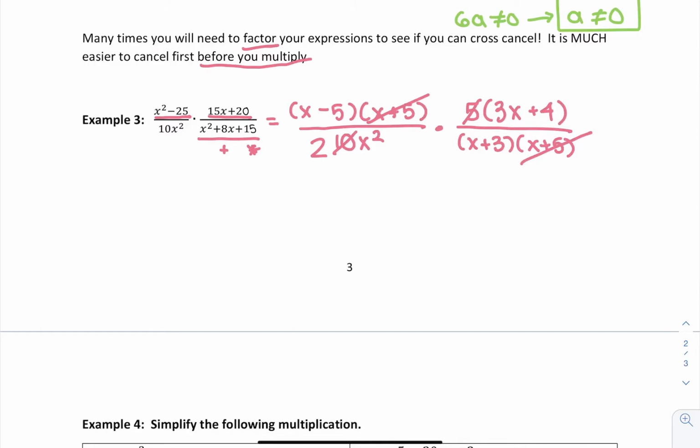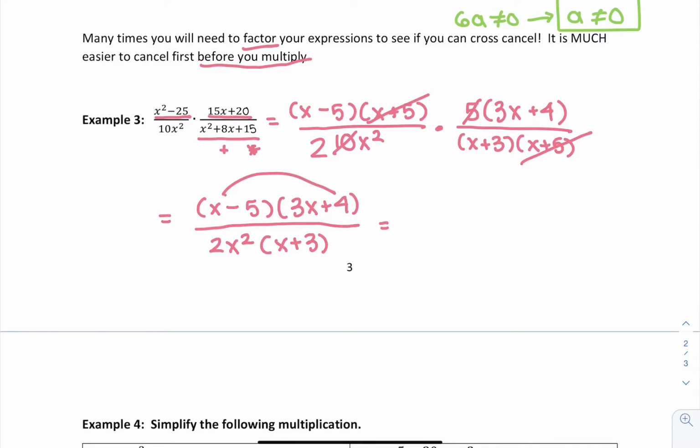Now let's see what we have left. So we have x minus 5 times 3x plus 4 over 2x squared times x plus 3. And lastly, I have to remember to multiply everything out, so I'm going to FOIL the numerator.